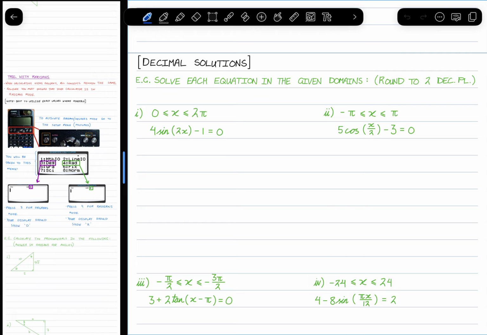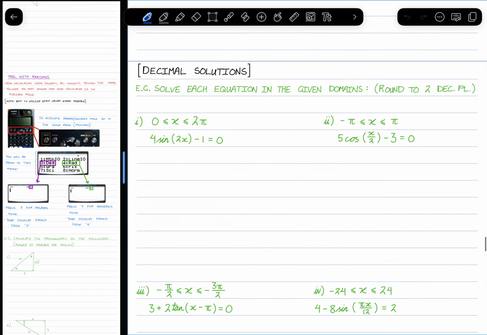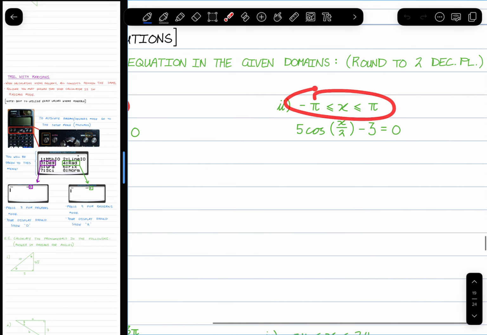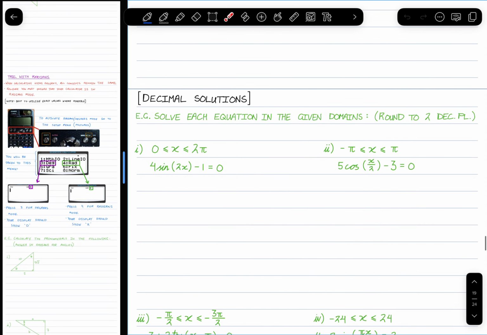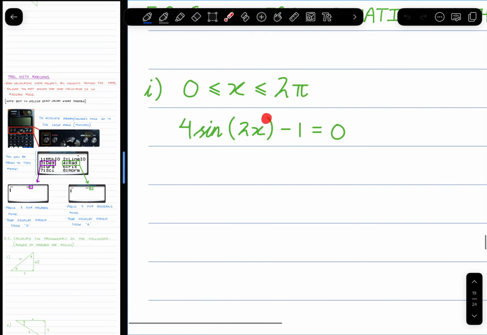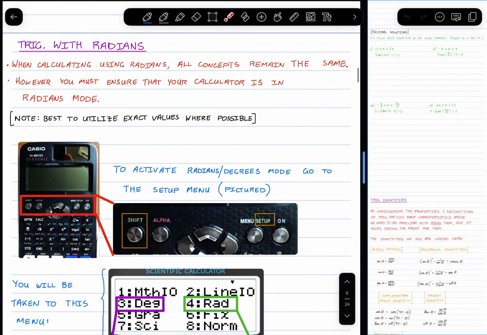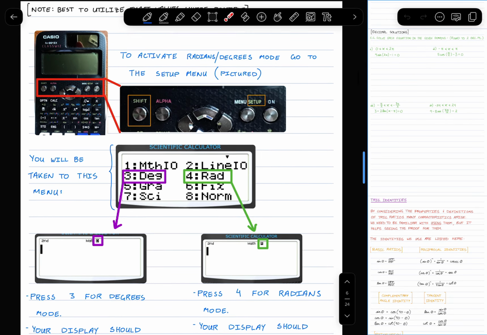So here we go. Now in this set of problems, it is absolutely paramount that when we solve these problems, especially if the domains are in radians, or simply if there's no degrees symbol shown with x, when you do the inverse trig or inverse sine, inverse cos, inverse tan, your calculator must be in radians.